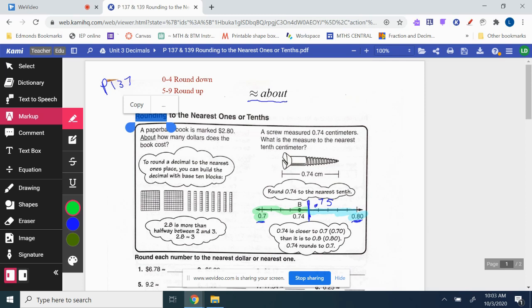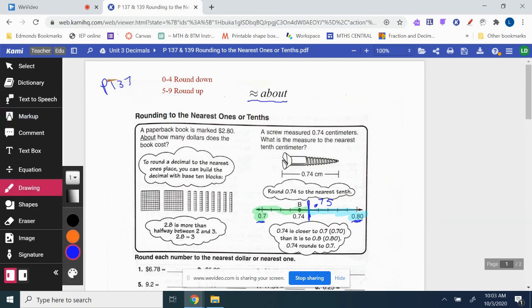So be aware that when we're looking at the number they want us to round to, they say round to the tenth, so we're going to look at the number next to it, and that tells us to round up or down. So because this 4 is 0 through 4, we're going to round down to that nearest tenth, which would be 7/10.